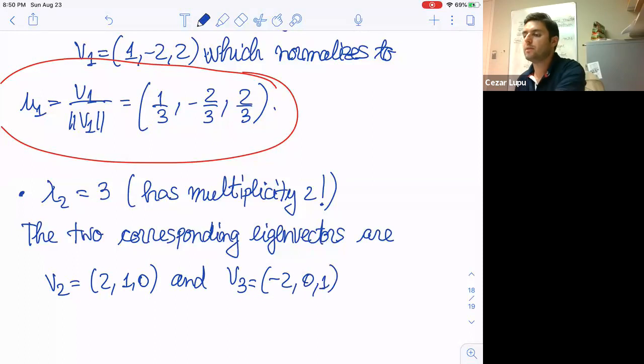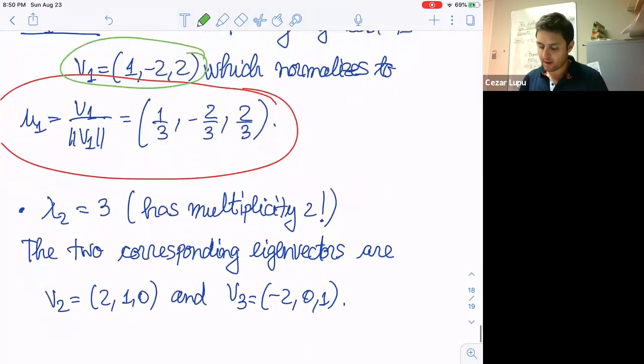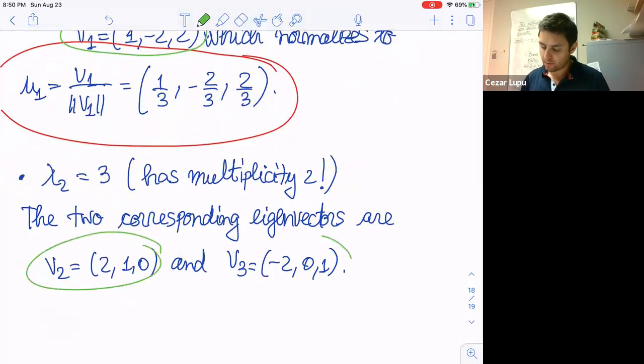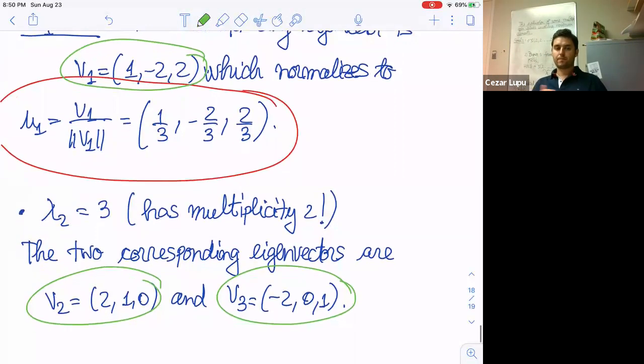Okay, so these are the corresponding eigenvectors. And now let's look at them. Let's look at V1, and V2 and V3. What can you see about these guys? The first question, are they orthogonal?